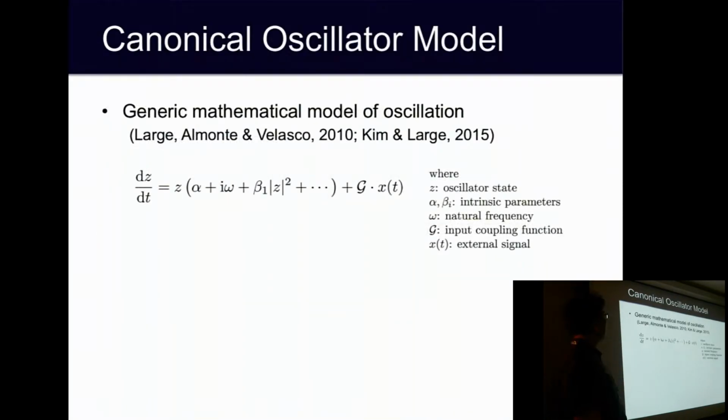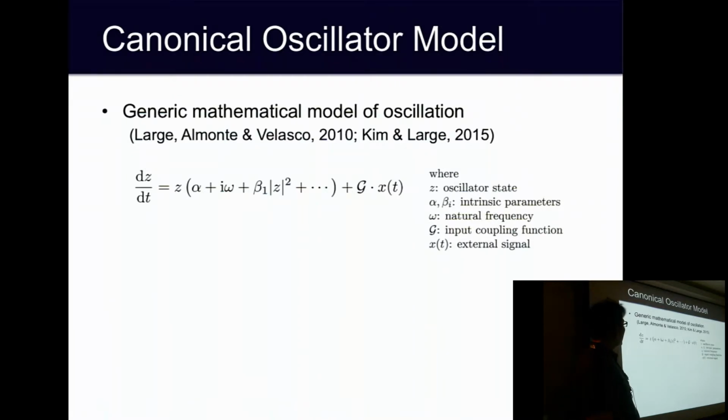So first, we use the canonical oscillator model. This is a generic mathematical model of oscillation. As you can see in the equation, its behavior is governed by a differential equation in time. Z is the oscillator state, which is a complex number, so it has both amplitude and phase.